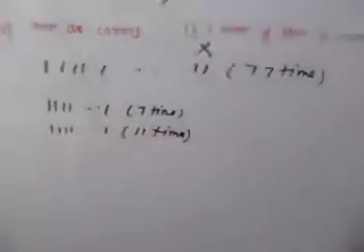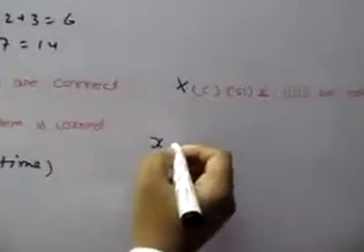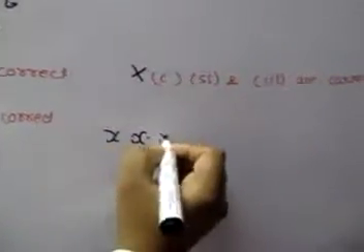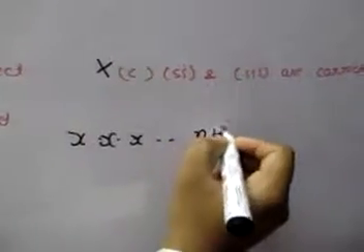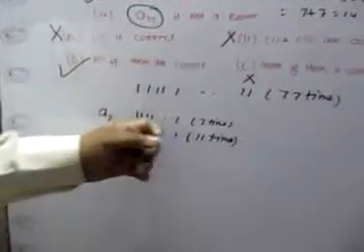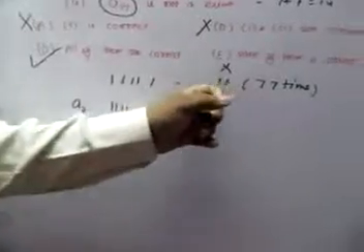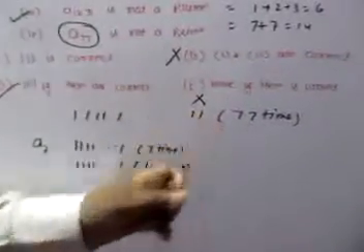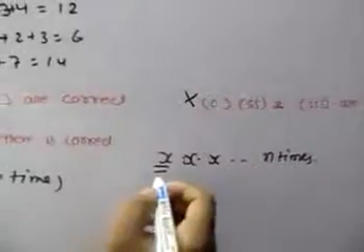The concept behind this is that any number x repeated n times must be divisible by x. Hence this A7, where 1 is repeated 7 times, must divide this number exactly. At the same time this number is completely divisible by A11 also. So if any number x is repeated n times, it must be divisible by x.